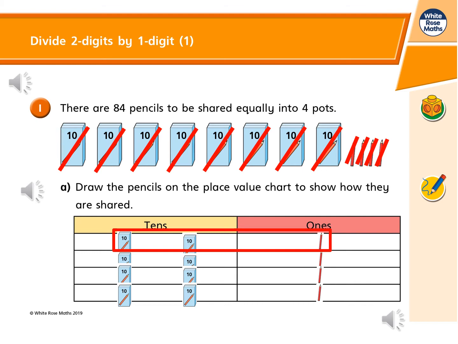Now we've shared those 84 pencils into 4 pots, we can see that there are 21 pencils in each pot.